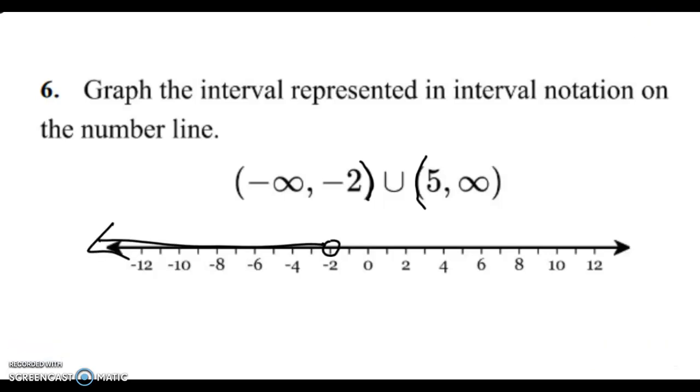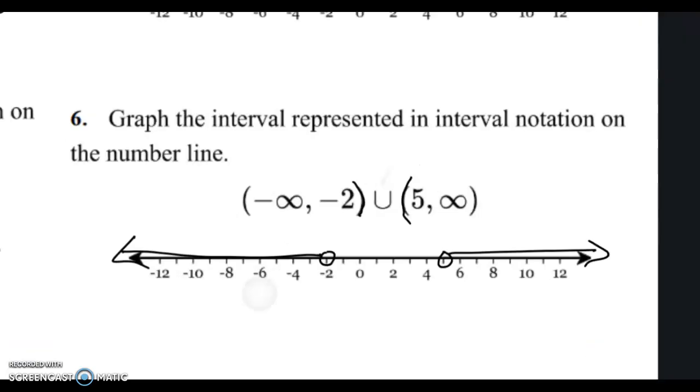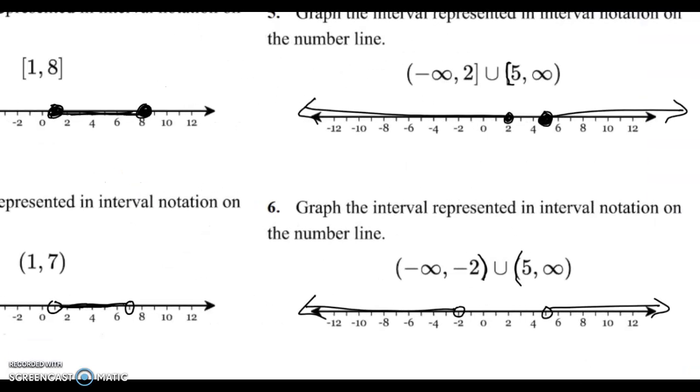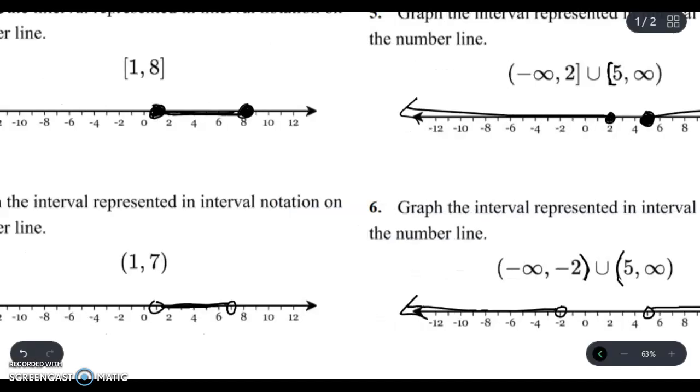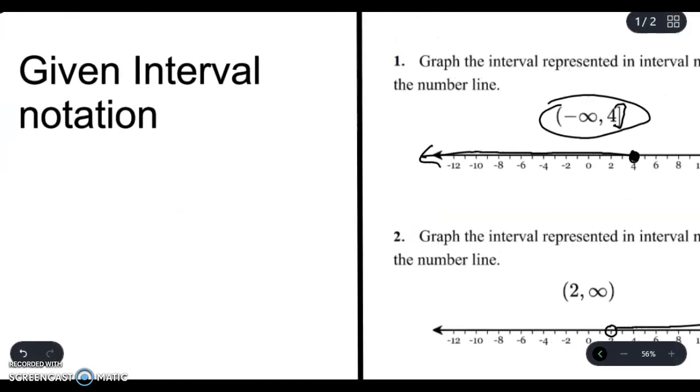Then we go to 5 and go to positive infinity. Okay, so that is for the OR. That is examples given the interval notation.